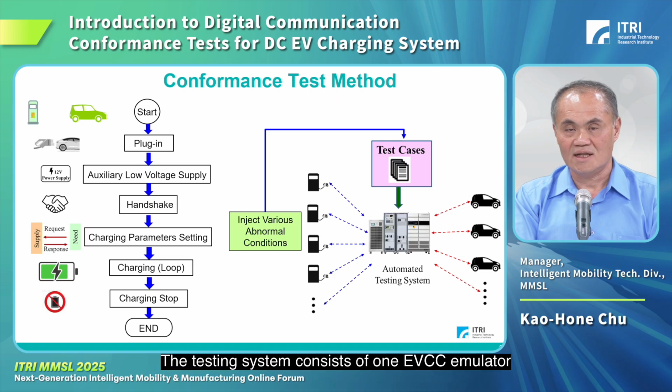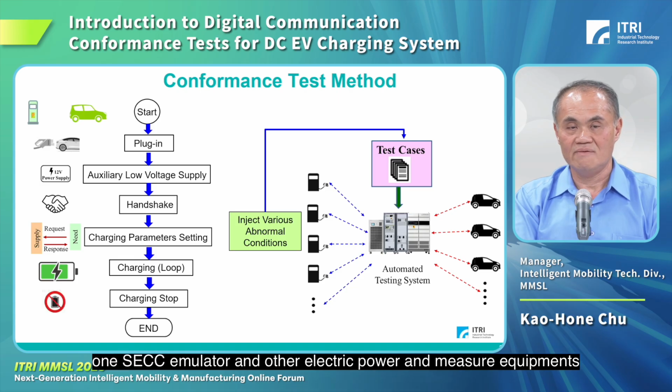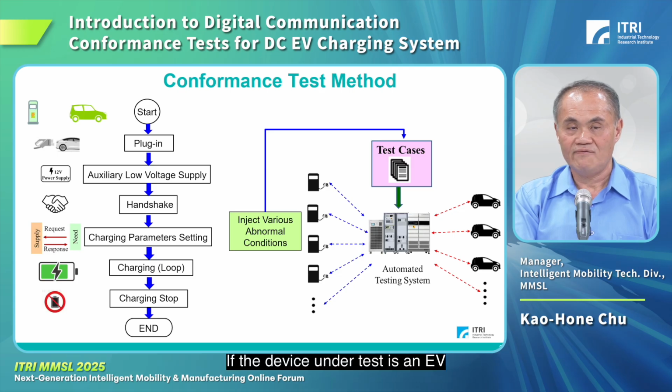The test system consists of one EVCC emulator, one SECC emulator, and other electric power and major equipment. If the device under test is an EV, the system will stop the SECC emulator.